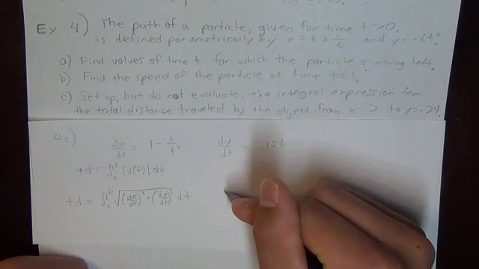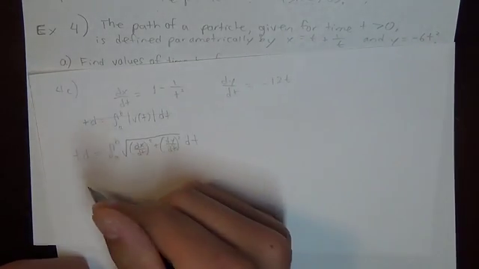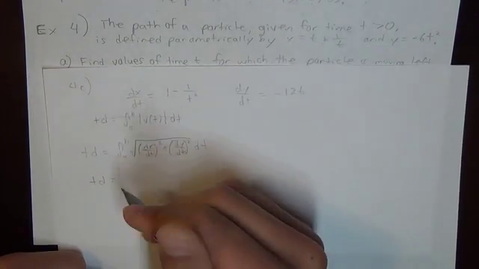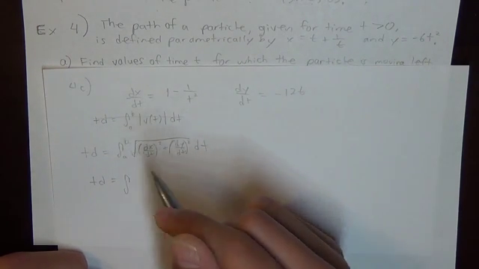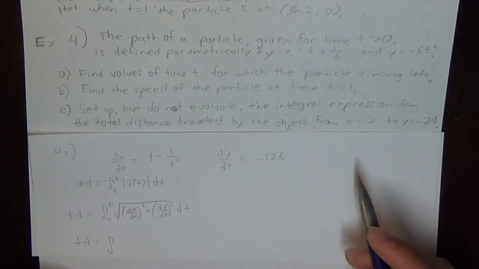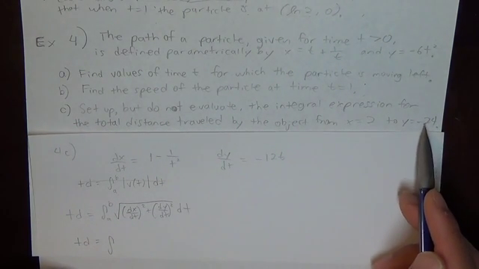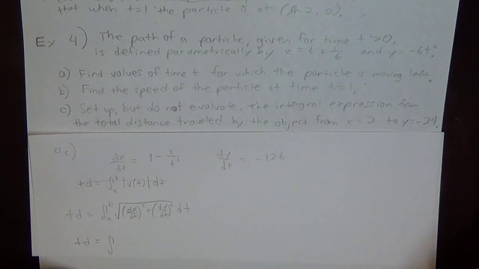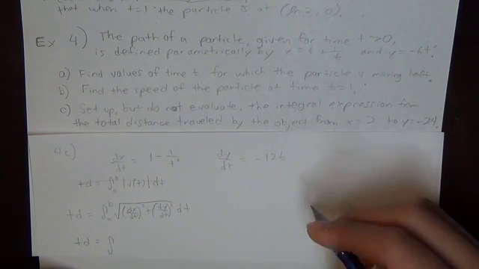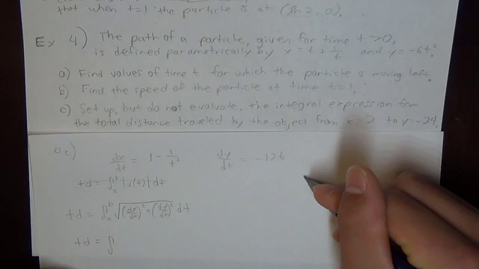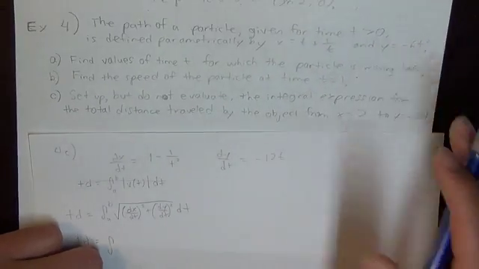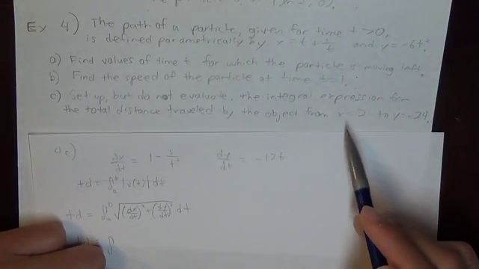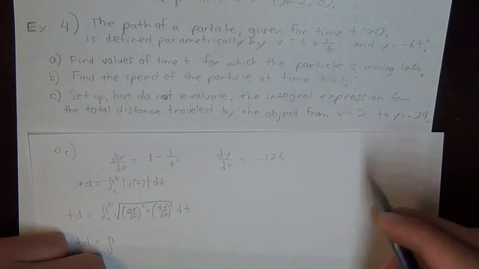So the total distance is the integral, and these should be t values, but notice that they give us x equals 2 and y equals negative 24. That's a bit weird, but what we can do is use these equations and plug in these values to see what our a and b is.